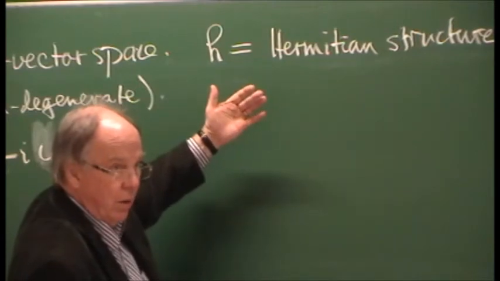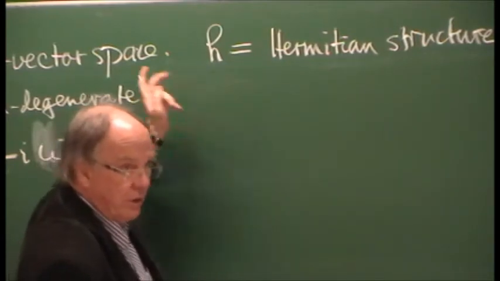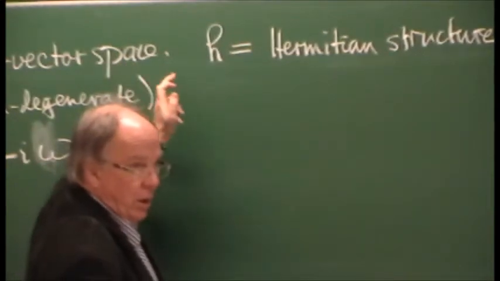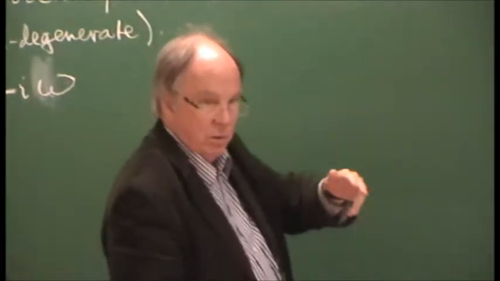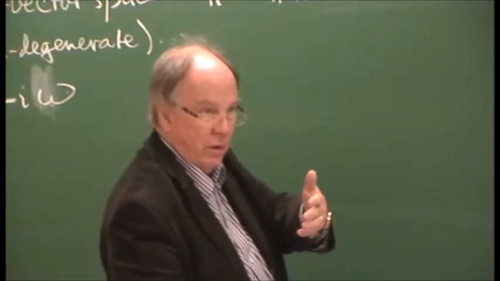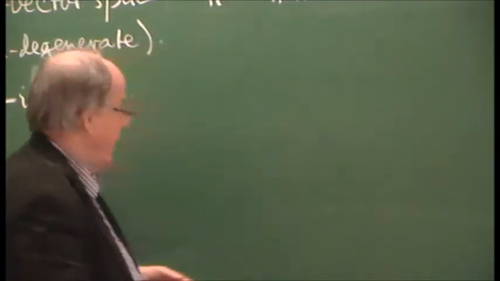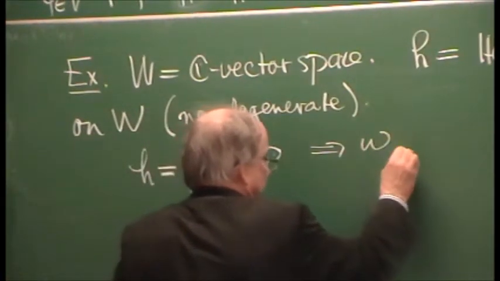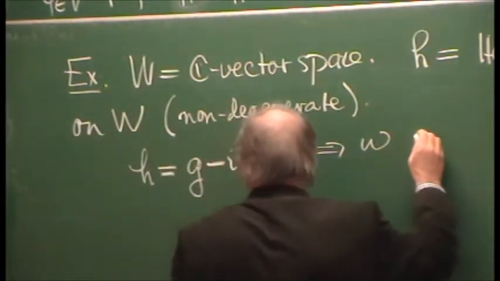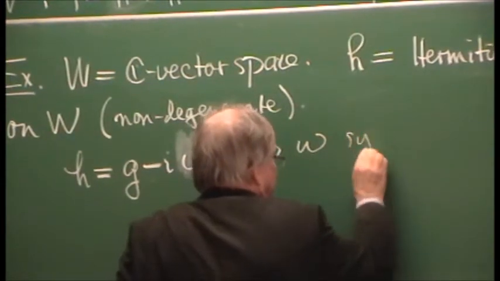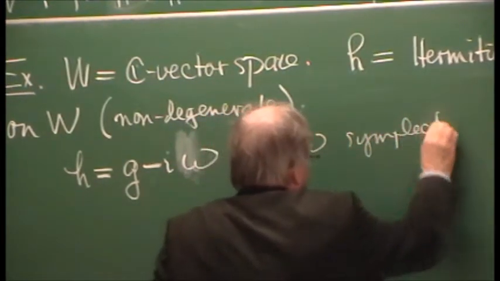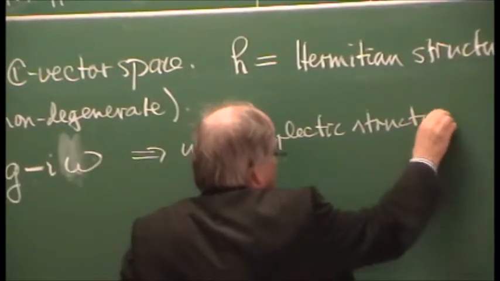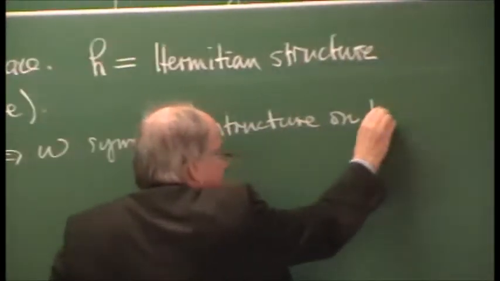So it's also a real bilinear form, but this is a complex vector space. So it only respects the complex structure. And you check that this implies that omega is a symplectic structure on the space.